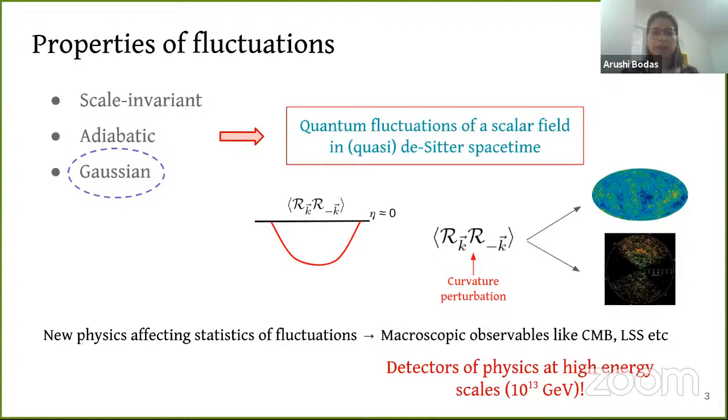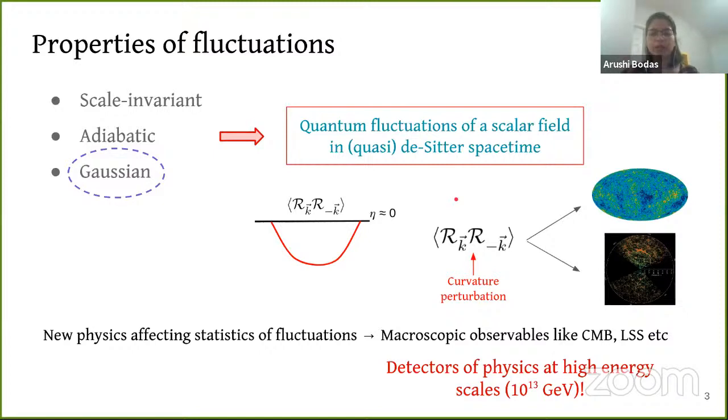We think that because of some of the properties of these fluctuations. They are mostly scale invariant, at least the primordial ones. They're adiabatic, and the probability distribution of these fluctuations is Gaussian, which can all be simply explained by quantum fluctuations of a scalar field in a quasi-de Sitter spacetime.